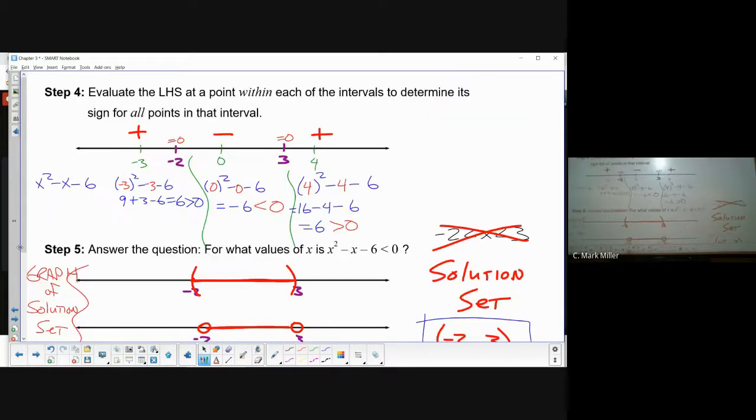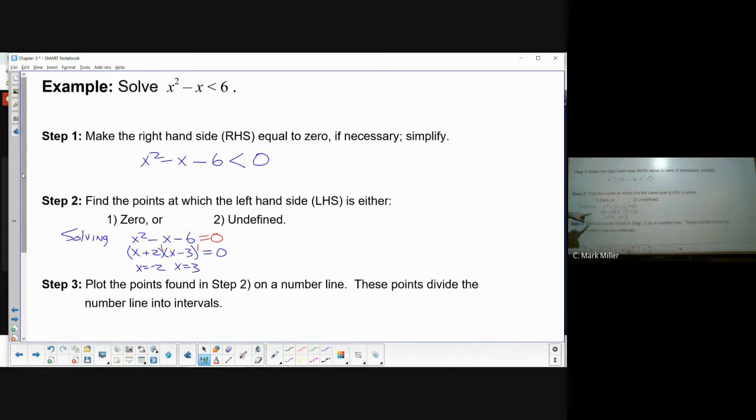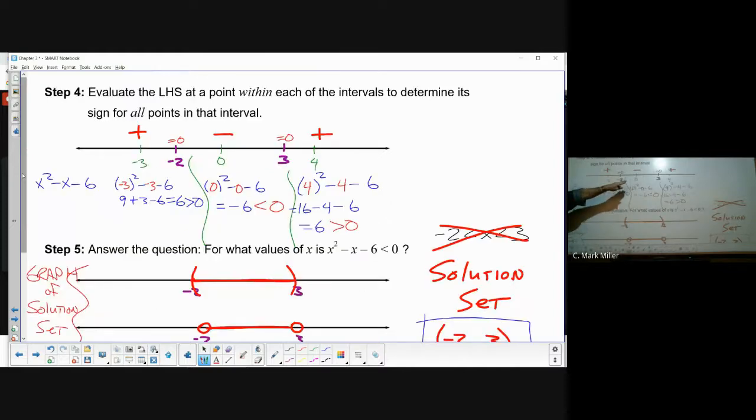Something else I didn't mention here before is we checked up here whether it was positive or negative. We plugged in 1 point in every interval. Just like before, this 3, for example, where did it come from?